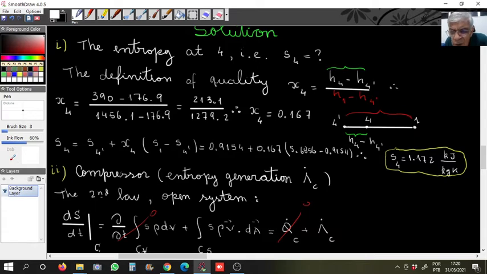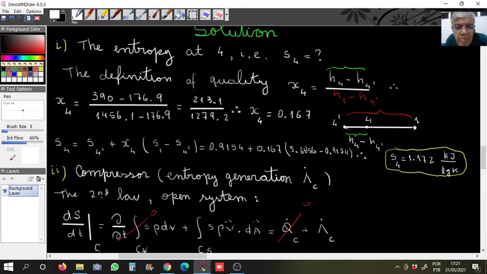I just wrote it here to make it quite easy to see. This is 4 prime, which is only liquid. This is only gas. So you define the quality as this difference, H4 minus H4 prime, divided by the whole length, H1 minus H4 prime. That's what we call quality.